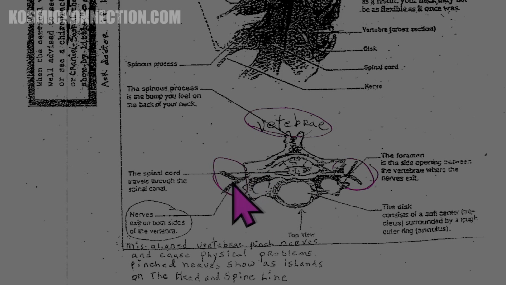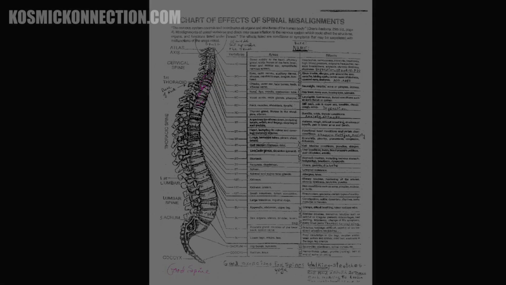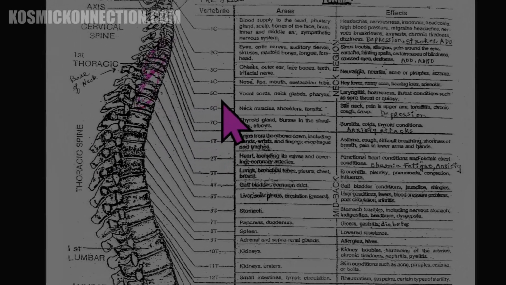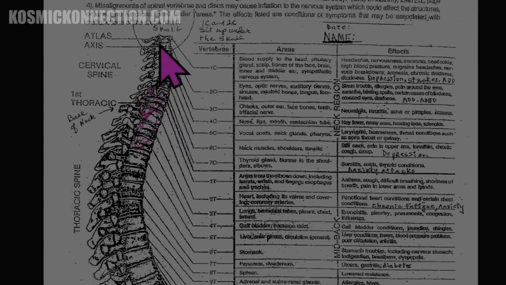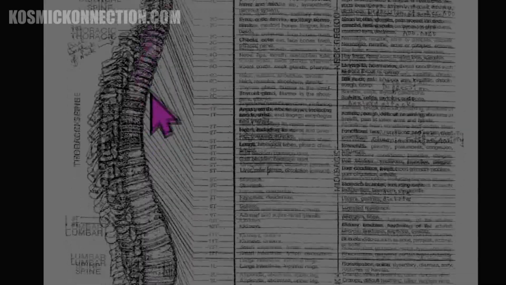So find your chart now that says Chart of Effects of Spinal Misalignments. See the spine on the left-hand side. The next column is the name of the vertebrae: cervical, thoracic, lumbar, tailbone. The next column is areas.